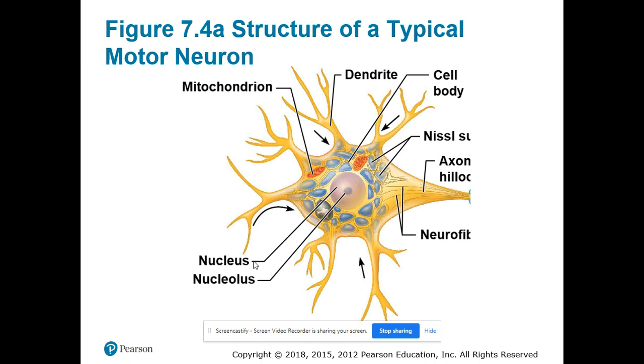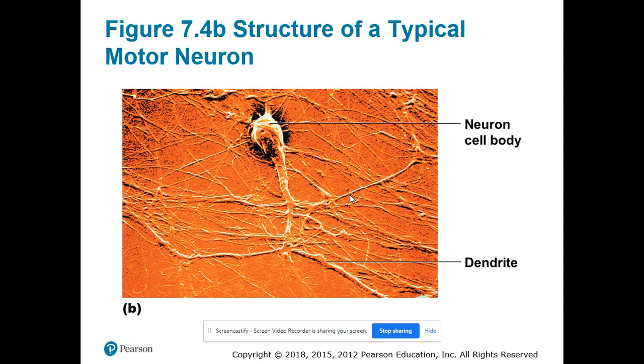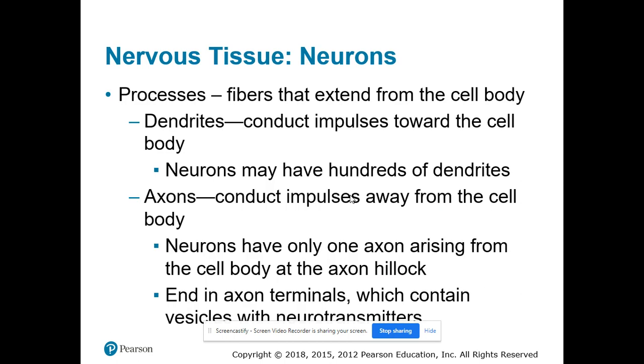So I'm going to define these, and we're going to come back and look at this picture. So here's just a close-up picture of ones we've already talked about. Again, the big middle region is our cell body, and then the nucleus is in the middle. So let's first talk about those processes, fibers that extend off of the cell body. I said there are going to be two. The first one we're going to talk about is known as dendrites.